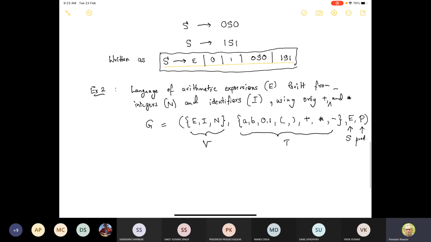So in this case, the productions are as follows. E can generate an identifier. An identifier by itself is an expression. So is a number, right? Or you can have the sum of two expressions.